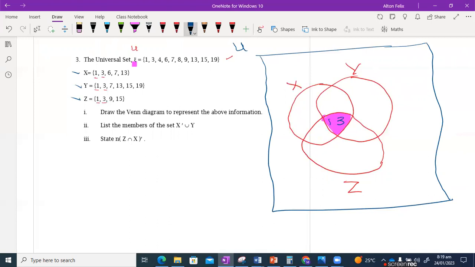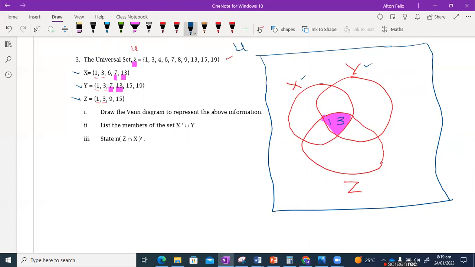So we have already dealt with 1 and 3. Now let's consider just sets X and Y and see what else is common in X and Y. Apart from 1 and 3, in X and Y, we have both 7 and 13. Once we highlight or underline those numbers, we are placing them into the diagram, so we know they are already accounted for.